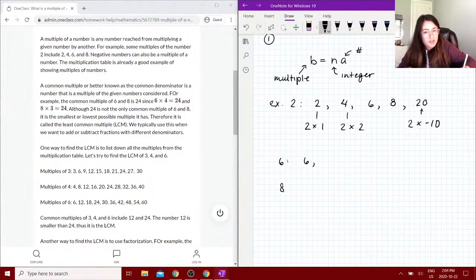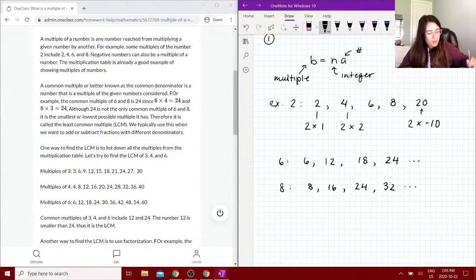So for 6, you can have 6, 12, 18, 24, etc. For 8, you could have 8, 16, 24, 32, and you know the pattern. And a common multiple here, you can see that the number 24 shows up for both of them.